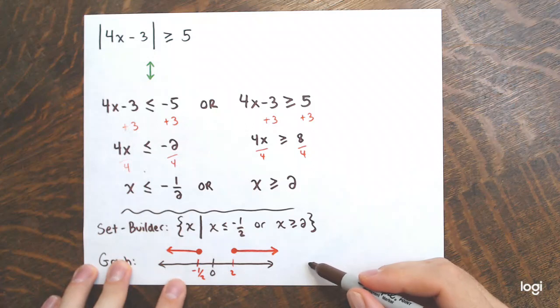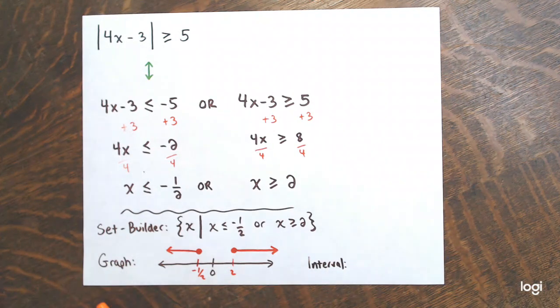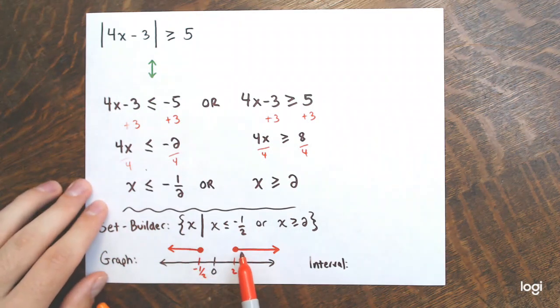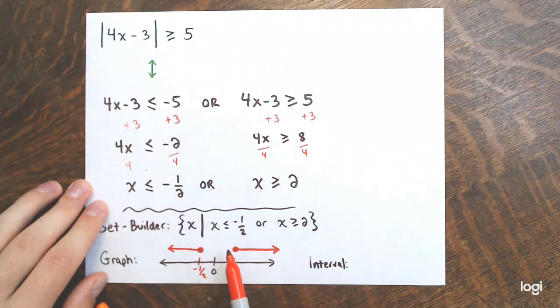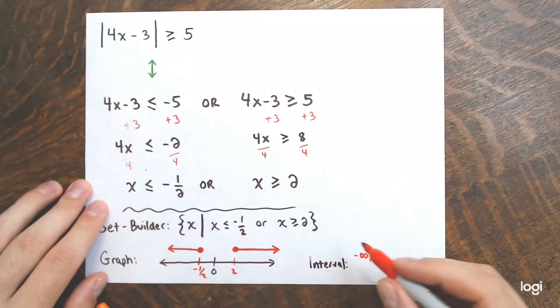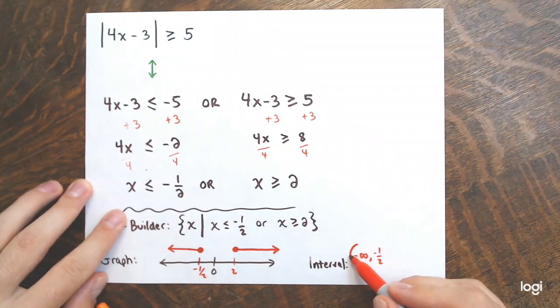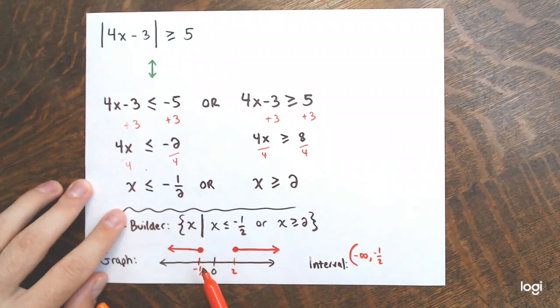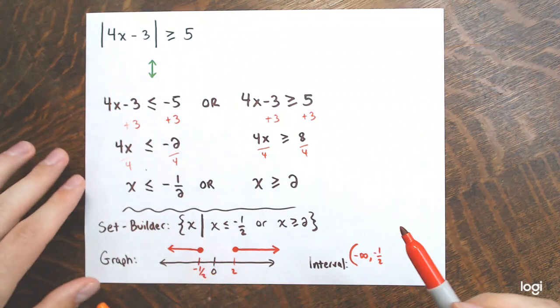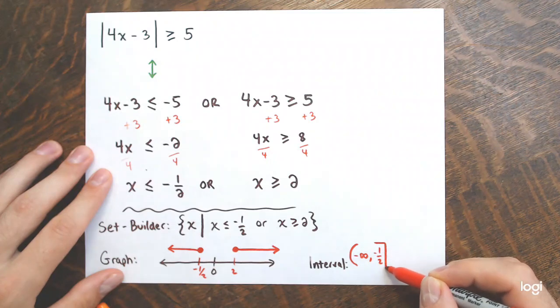And then off to the side here, because I don't feel like throwing another page under this, the interval notation for this. Again, like the previous examples, I have a picture here where there are two separate pieces and a gap between them. The interval for this first piece should be from negative infinity, because there's no left end, up until negative 1/2. Negative infinity is not a number, so it's not a solution, parentheses. Negative 1/2 is a solution, right? And because it is a solution, put one of those rectangular brackets around it.